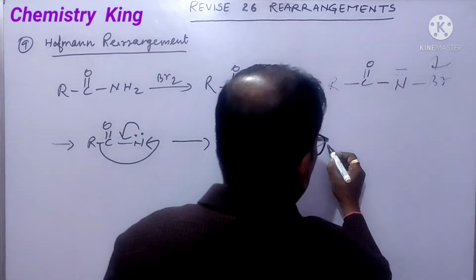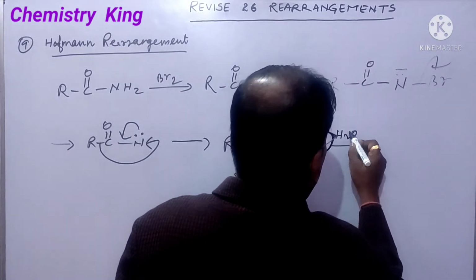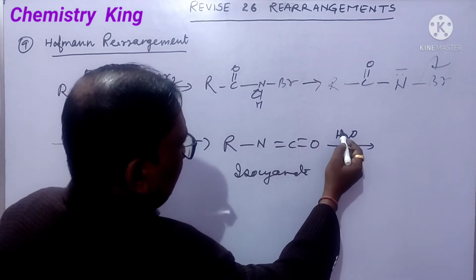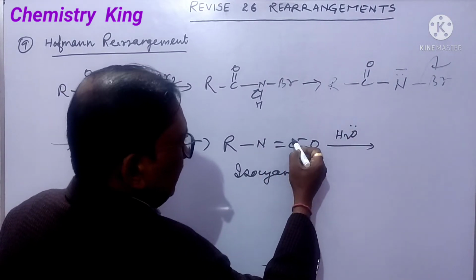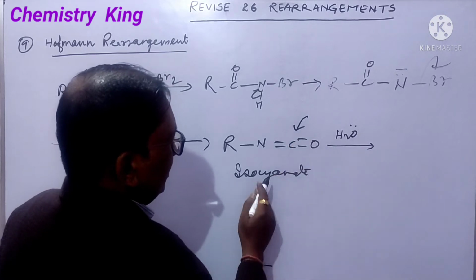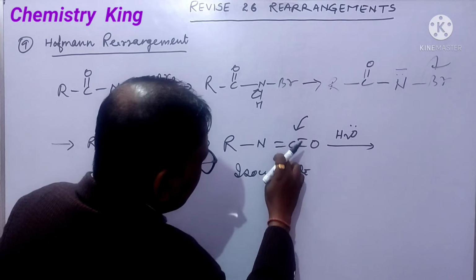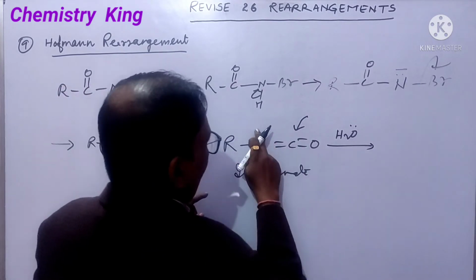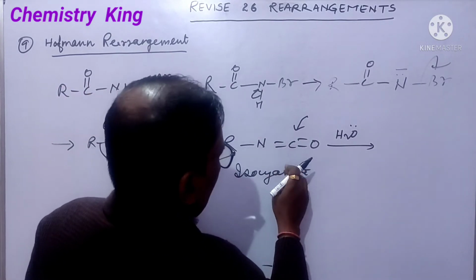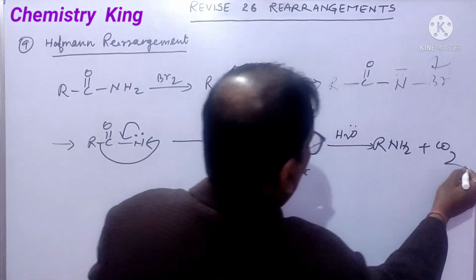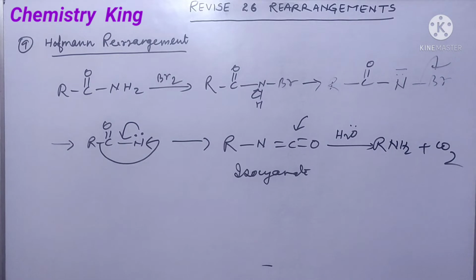Now when the reaction is carried out in presence of water on hydrolysis, actually this water will attack here, but in short, remember that both these bonds will break, 2 hydrogen will come here and oxygen will come here, and you will get primary amine plus CO2. It is all about the mechanism of Hofmann rearrangement.